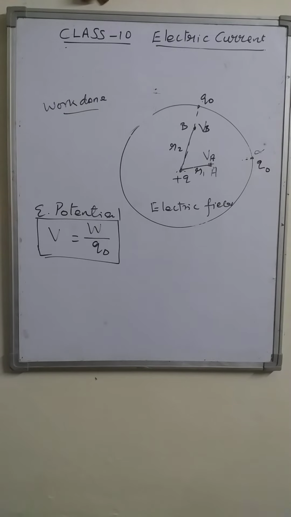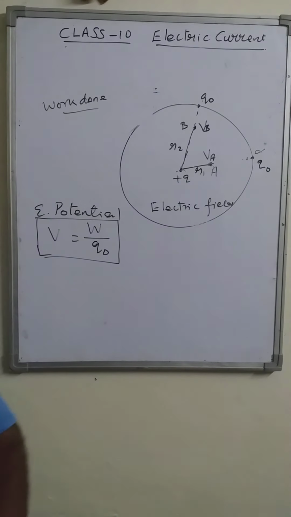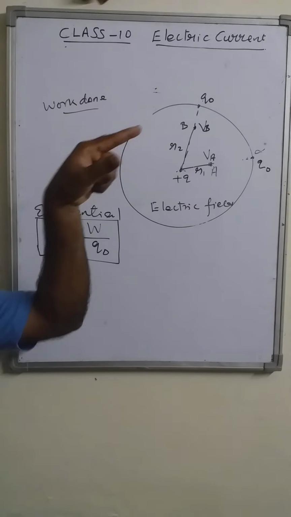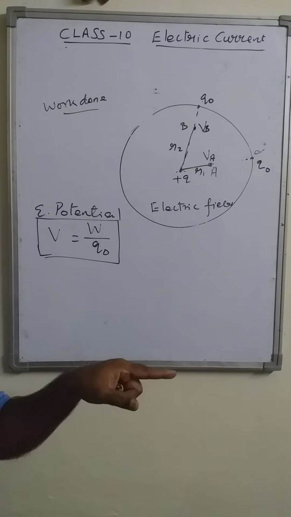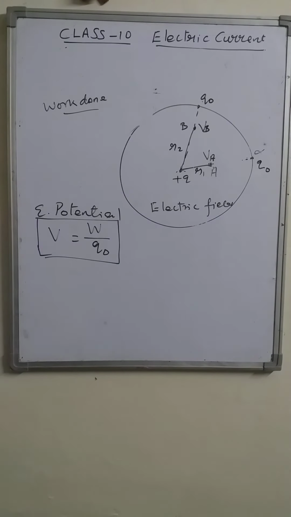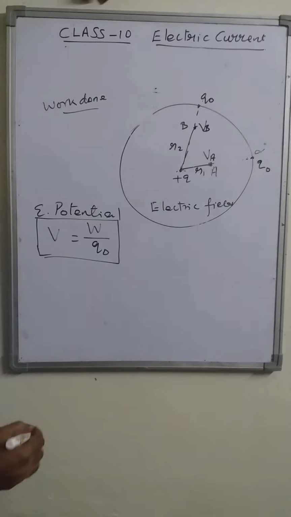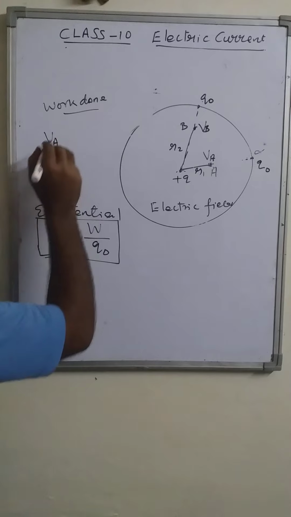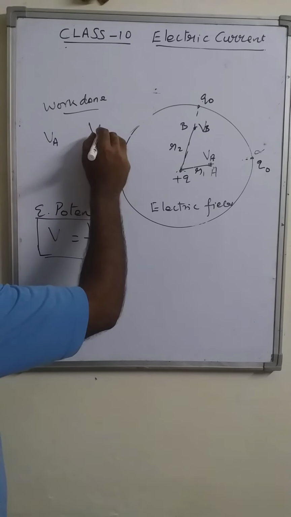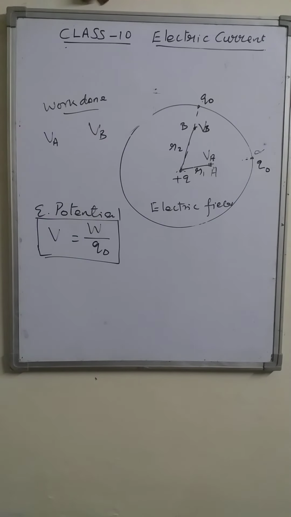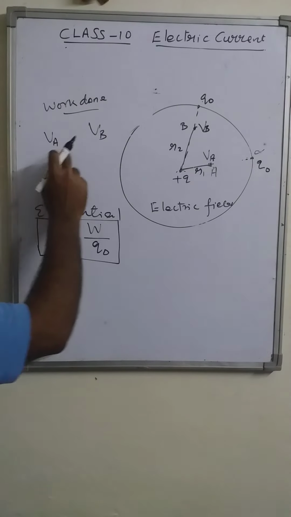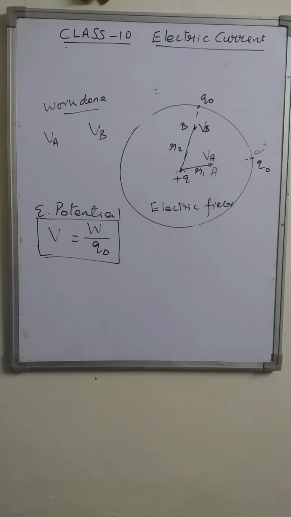It means that at different points, the work done to bring the test charge, the unit positive charge, is different. That's why the potential at these two points is different. So VA is the potential at A, VB is the potential at B. Both points have different potential.